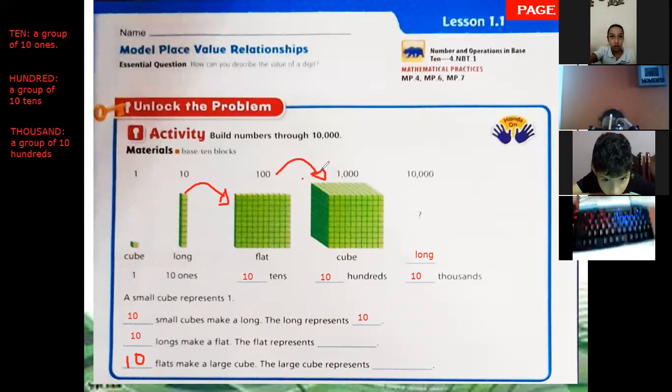Now here, the flats represent 100, right? The flat represents 100. And the cube represents 1,000. The cube represents 1,000.